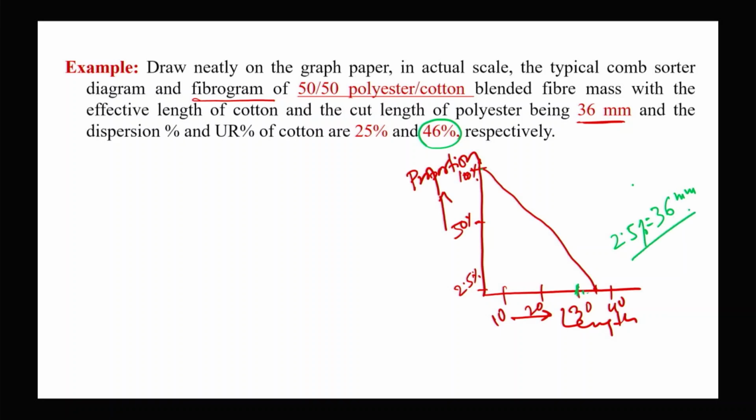Then to have a 46% uniformity ratio, 36 by span length at 50% equals 0.46. So span length at 50% will be 36 by, sorry, I am making a mistake.